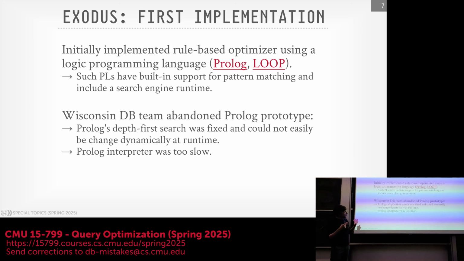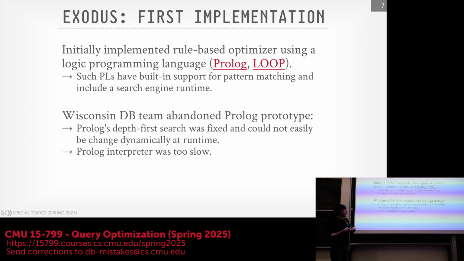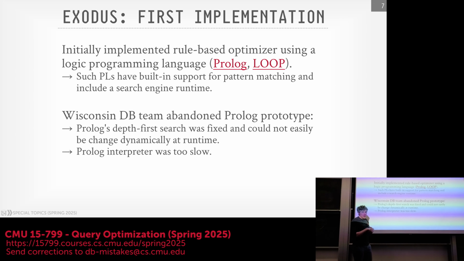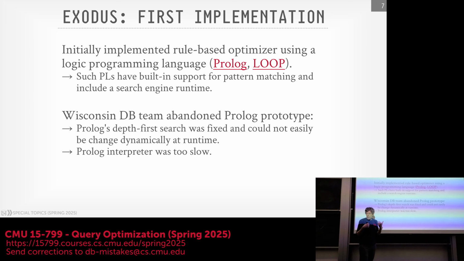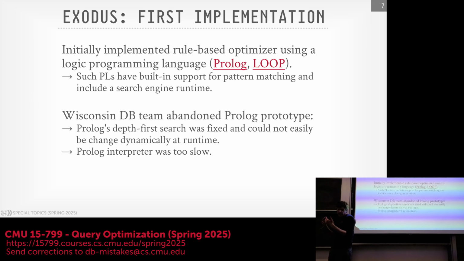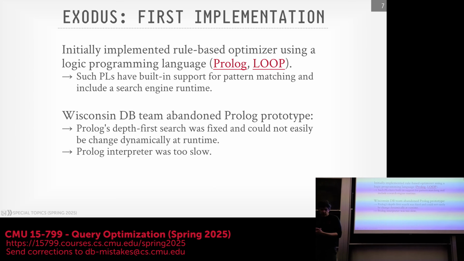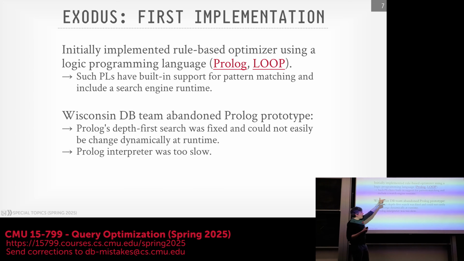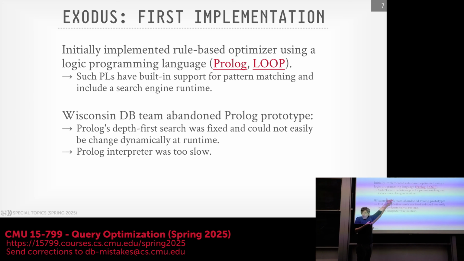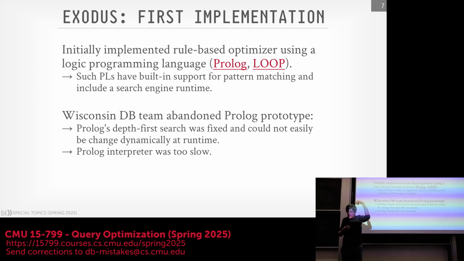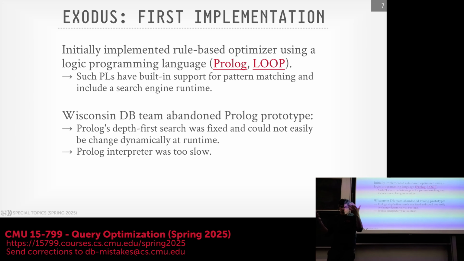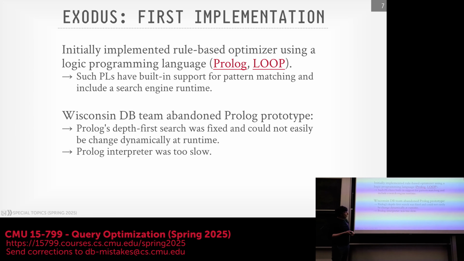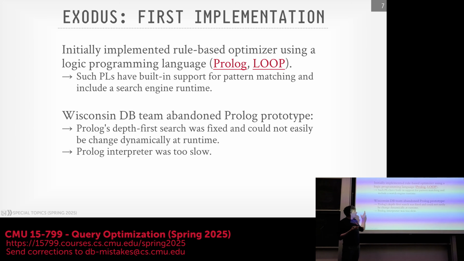They knew they were going to do rules, and because it was the 80s and people were being experimental, they thought they would just use an esoteric programming language based on logic programming, and define all the rules in that programming language, which would have its own runtime that can do the pattern matching and instantiation of the rules and the application of them and expansion of the different facts, if you will, in the query plan automatically. So they said, all right, well, it's the 80s, let's do this.